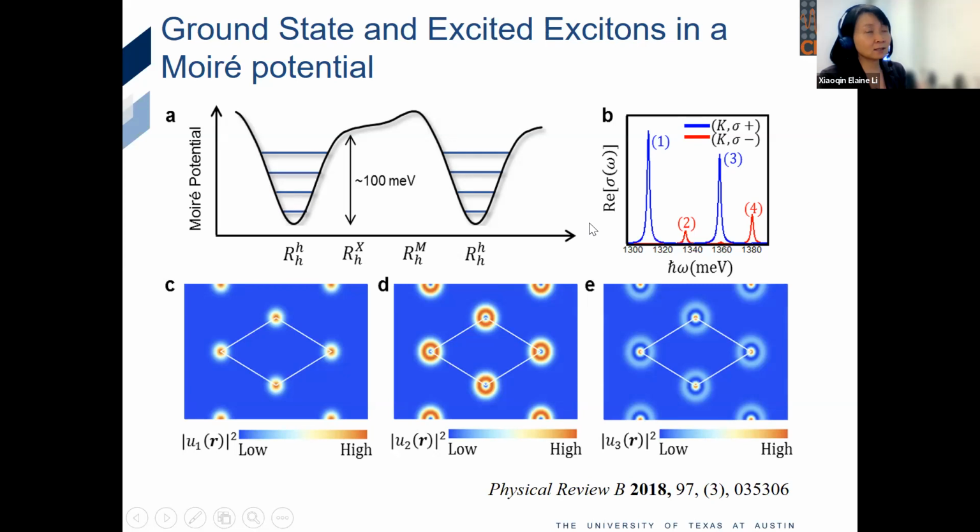The answer is yes. These are calculations done with a very simple parabolic band, and these are calculated center-of-mass wave functions. And you're sampling the local atomic alignment between layers differently. If you calculate the absorption spectrum, it will have this alternating selection rule. But absorption spectrum is easy to calculate but hard to measure.